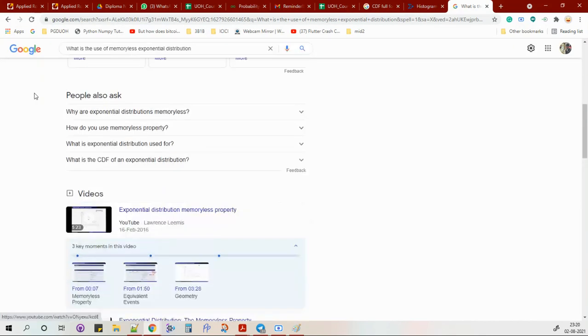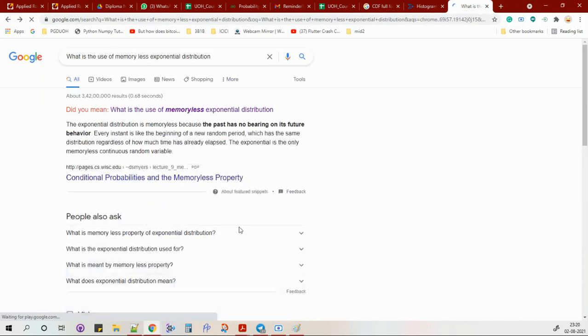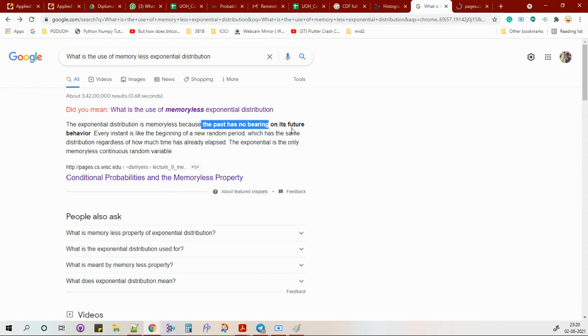They are not answering this. There is no bearing on its future behavior, regardless of how much time has elapsed. I don't know. I can think of an example: in which kind of Poisson distribution you would apply this?